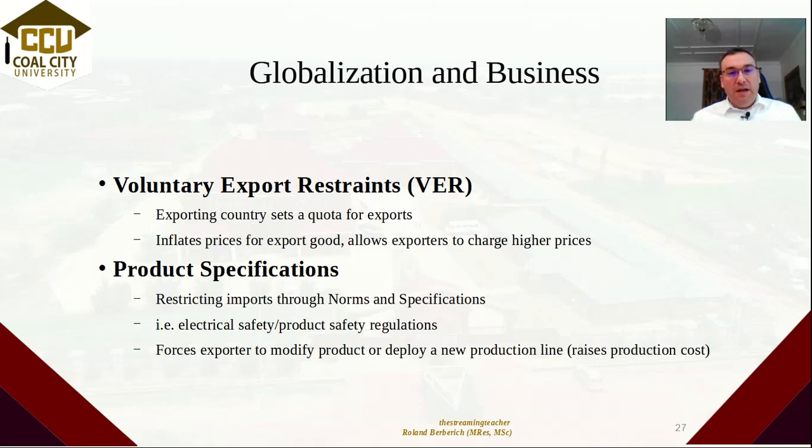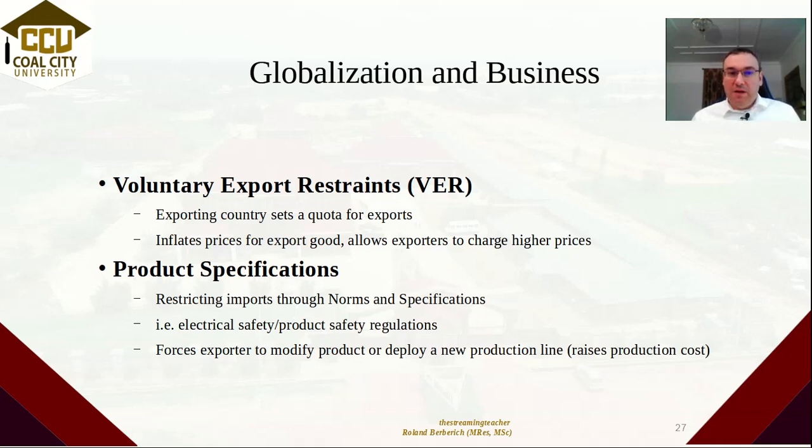Now you can also go a completely different route and say you want to specify how products are supposed to look and work. This is one of the things the EU has been doing on a very large scale. For example, using electrical safety regulations as a limitation for what can be sold in the domestic market. So everyone who wants to sell electric appliances in the European Union is now forced to comply with these standards, or we are not allowing you to sell it.